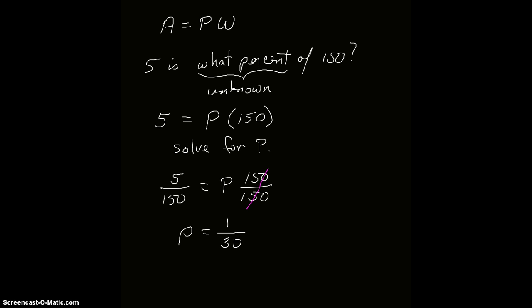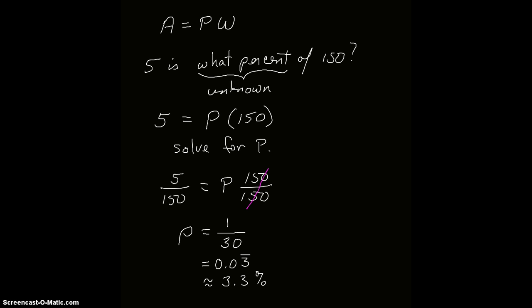If we put this in a calculator, 1 divided by 30, we get 0.03 repeating. So P is approximately, if I write this in percent, 3.3%. So 5 is about 3.3% of 150.